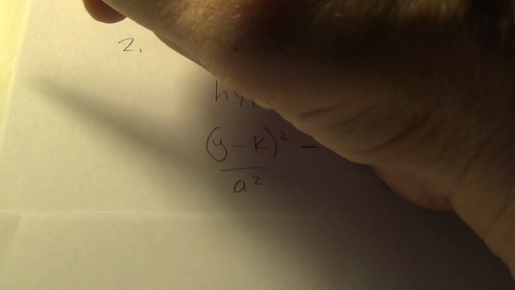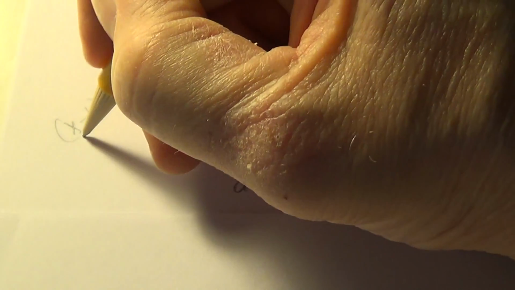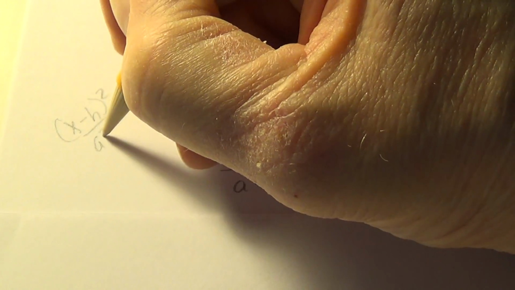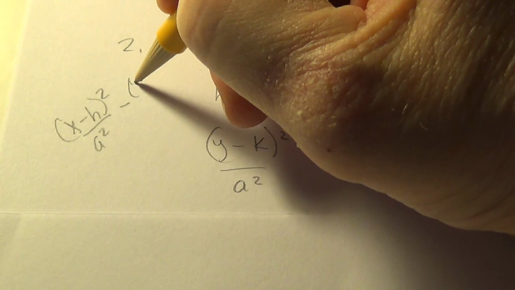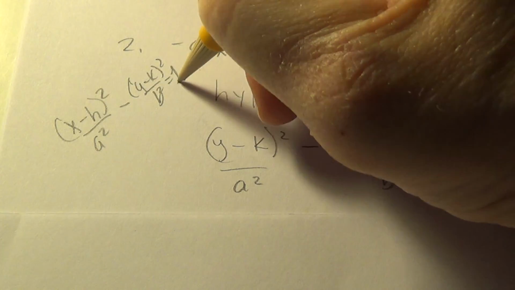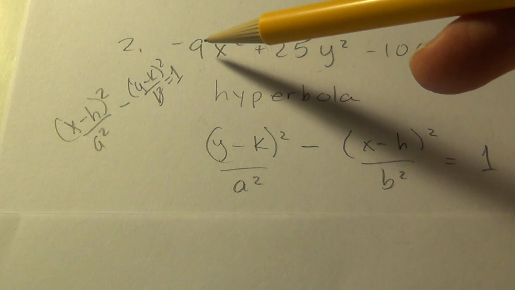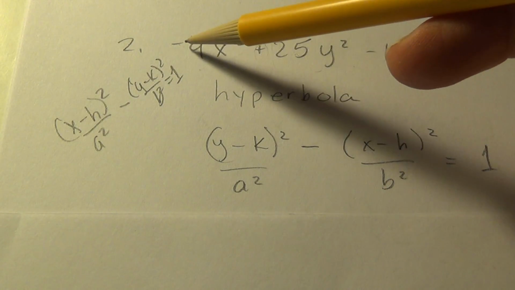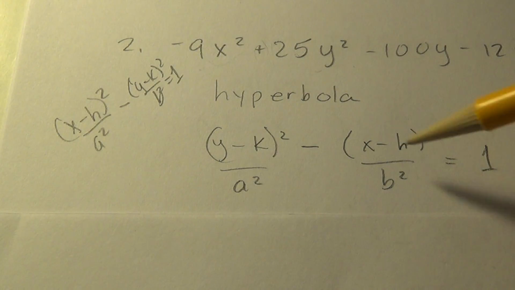There's another rendition of this where we could have had the x minus h quantity squared over a squared and the y minus k quantity squared over b squared equals 1. But that's not what happened here, because I can see that the x squared term is negative and the y squared term is positive, so I went with this one.